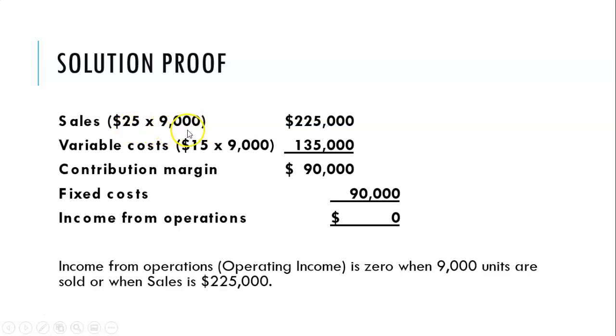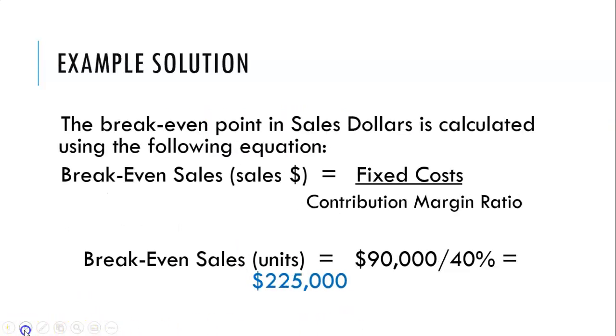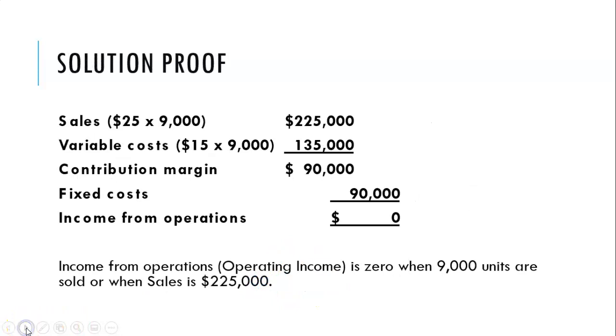So 25 times 9,000 gives us $225,000 in sales, which we also had calculated out. Our break even in sales was 225,000. Okay, then we need to do our variable costs. Our variable costs were $15 per unit times our 9,000 units we need to sell to break even.